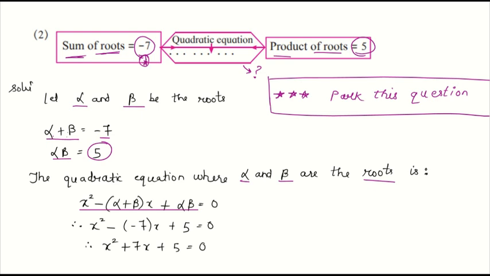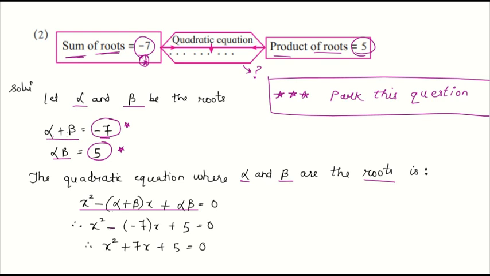So on substituting the values of alpha plus beta and alpha into beta, we can write x square minus, what is alpha plus beta? It is minus 7, x plus, what is alpha into beta? It is 5. So x square, minus into minus is plus 7x, plus 5 is equal to 0.